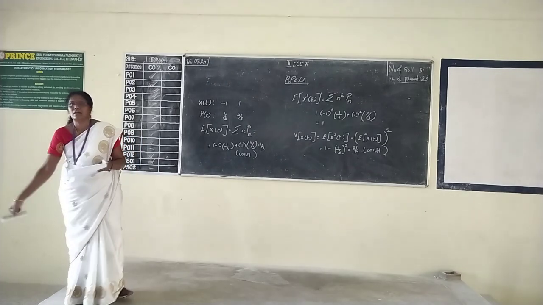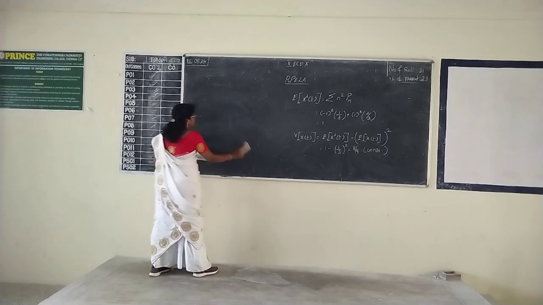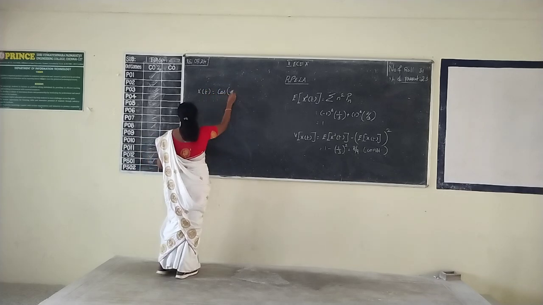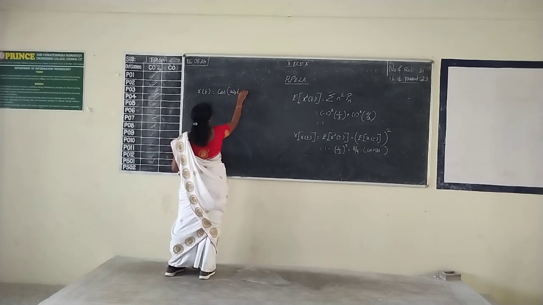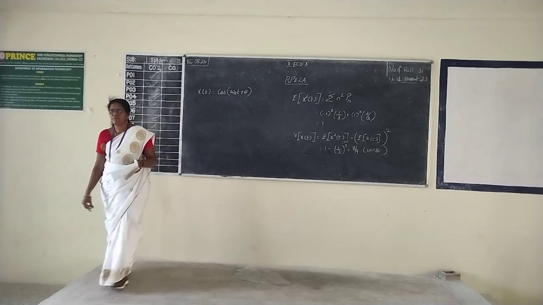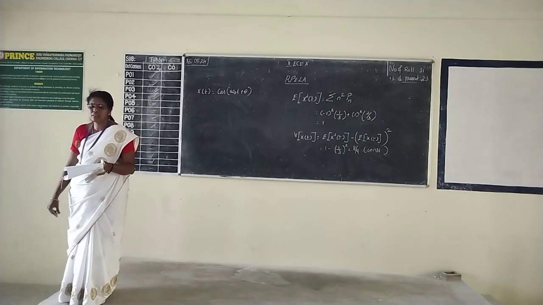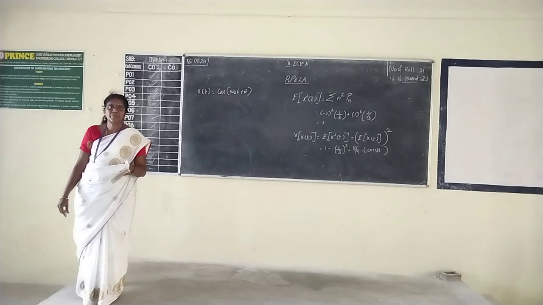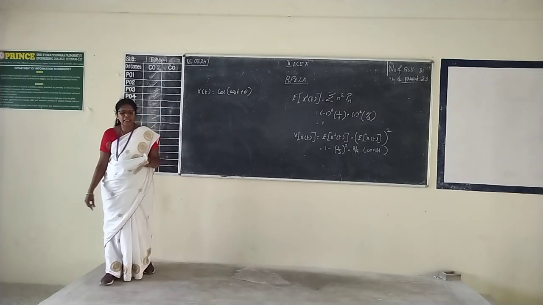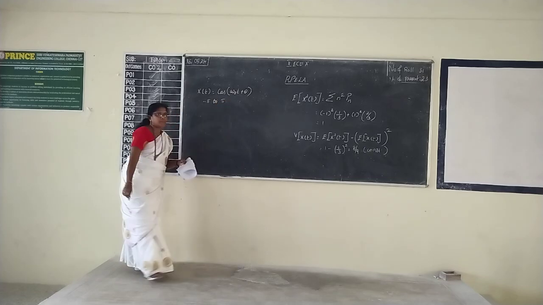Consider the random process X of t equal to cos of omega naught t plus theta, where theta is uniformly distributed in the interval minus pi to plus pi.